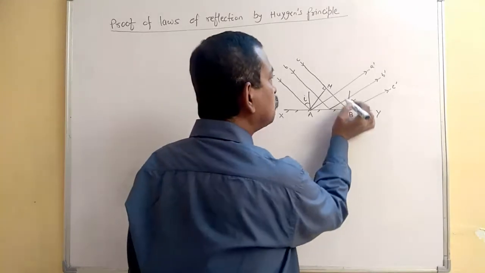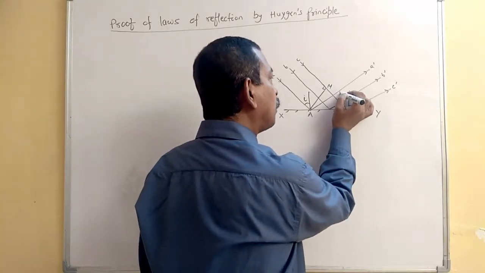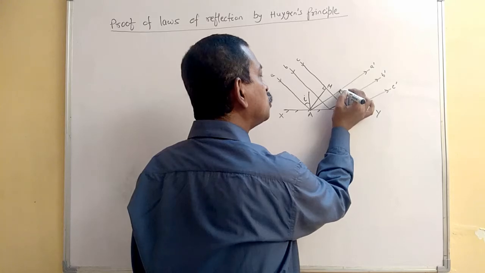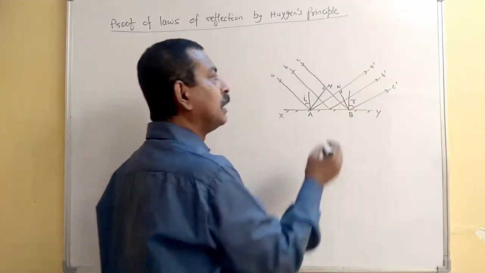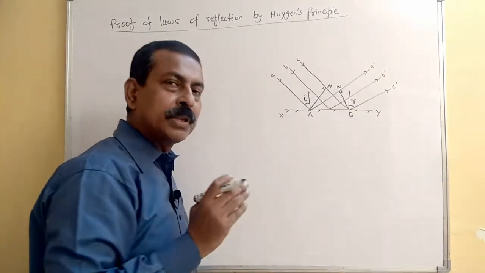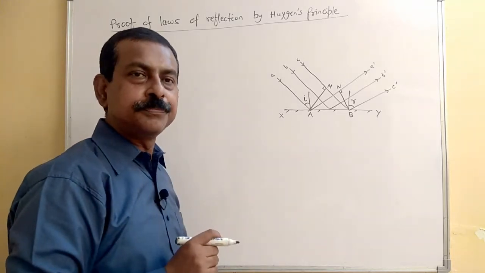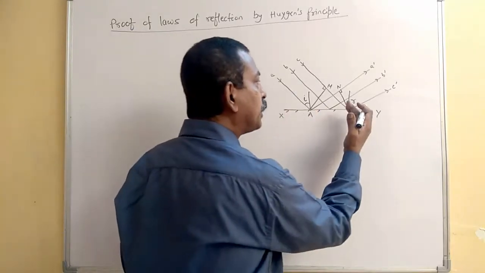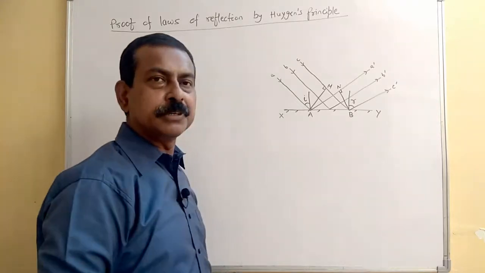Similarly, from point B, if I draw a perpendicular plane, suppose this is your BN, in that case, this one will represent the reflected wave front. So AM is the incident wave front and BN is your reflected wave front.